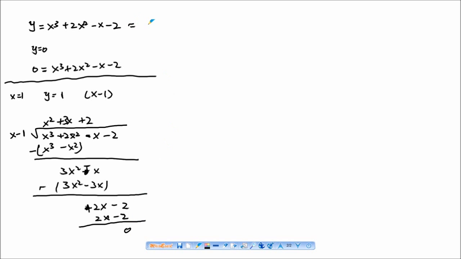When we factorize it, it equals x minus 1 times x squared plus 3x plus 2. And I can factorize that, and I will have x minus 1, x plus 1, and x plus 2.